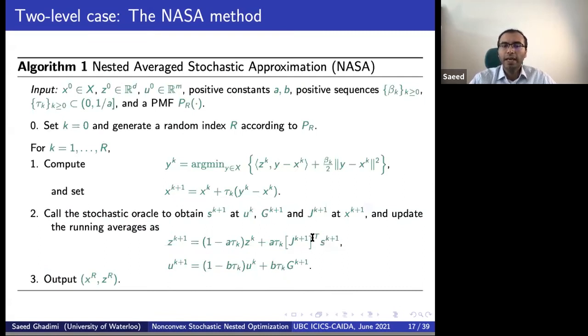The gradient of f of g of x would be the Jacobian of g of x transpose times the gradient of f. So this is the Jacobian transpose, and this is the estimation for the gradient of f. So this would be an estimator for the gradient of f. However, it is a biased estimator for the gradient of f at x_{k+1}.